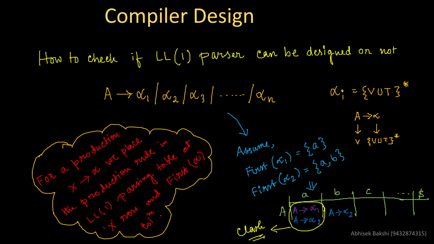The algorithm will get confused, because there are two possibilities. So the whole system becomes non-deterministic, and a machine cannot be non-deterministic. This is why, in this situation, I cannot have any LL1 parser that can accept the strings of the language generated from the grammar A to alpha 1 or alpha 2 or alpha 3 up to alpha n.